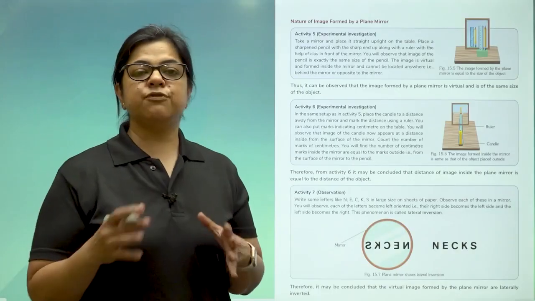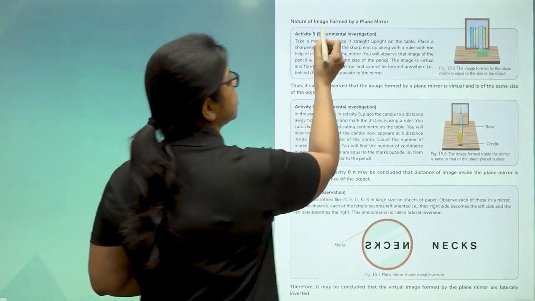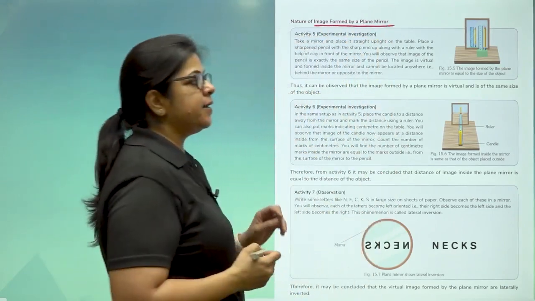You will notice that the image formed in a plane mirror is always of the same size as the object. It is virtual, erect and laterally inverted. It is at the same distance from the mirror as the object. After having understood this, let us now understand the nature of image formed by a plane mirror.